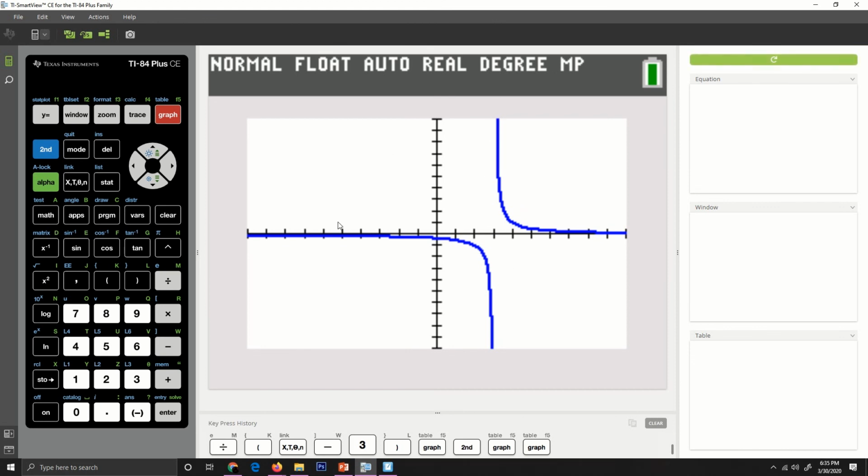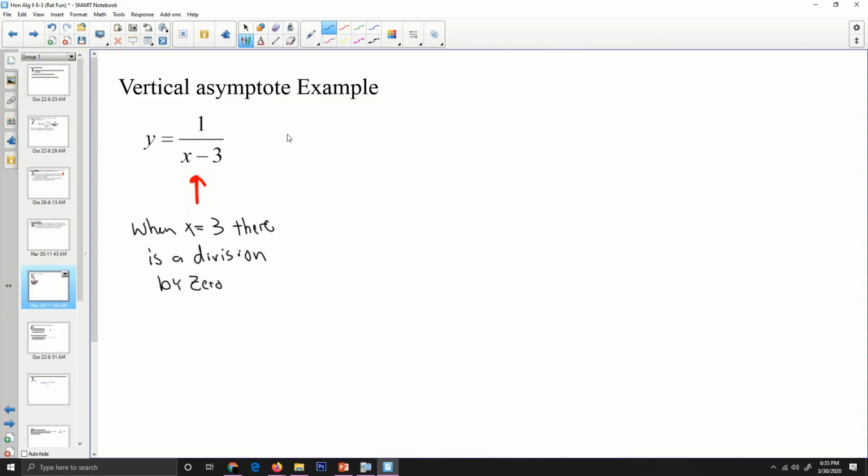Now, there is a horizontal asymptote in this particular instance, and that horizontal asymptote is going to be y equals 0, because this function can never equal 0. Remember, for a fraction to equal 0, you have to have 0 over something. This thing is always going to have a 1 on top, so it can never actually equal 0, but it gets really close.